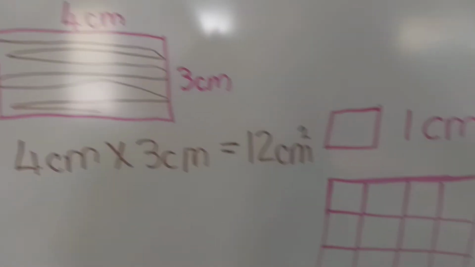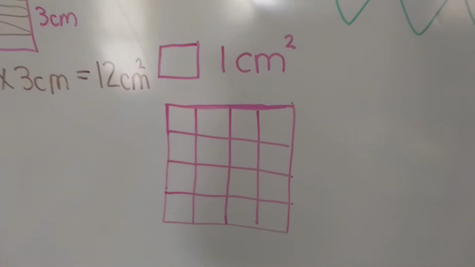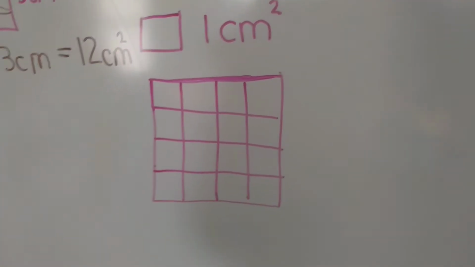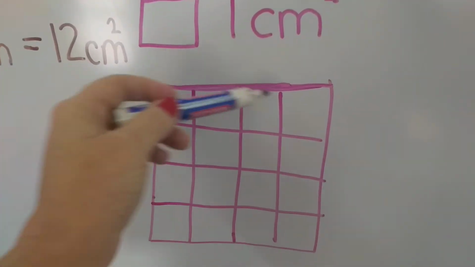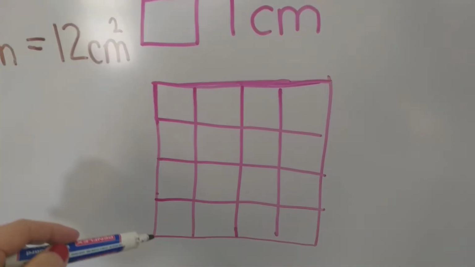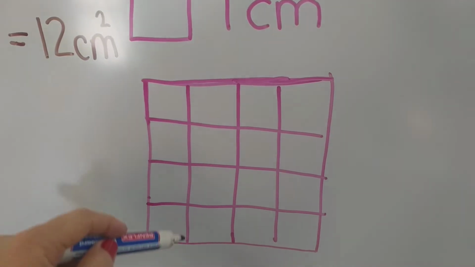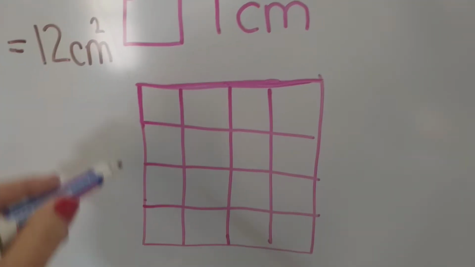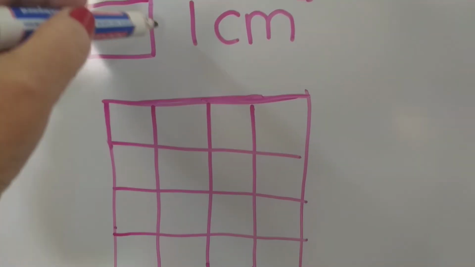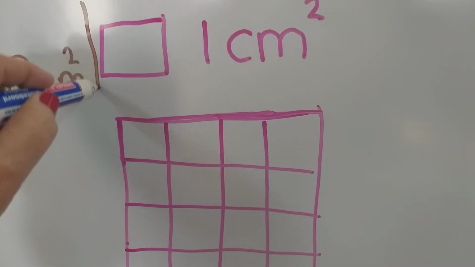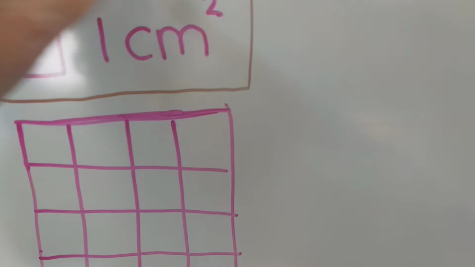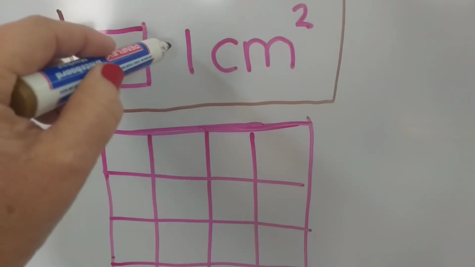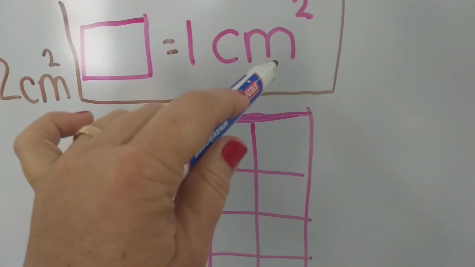Very often when we do area, they will give you a shape that's already divided into little blocks or squares. They will give you a key, and they'll tell you that 1 block is equal to 1 centimeter squared.